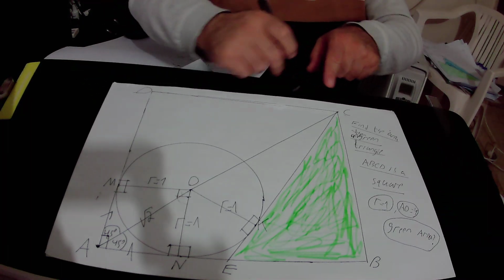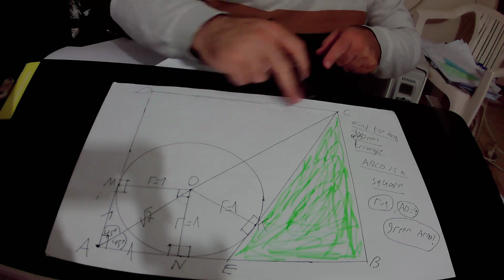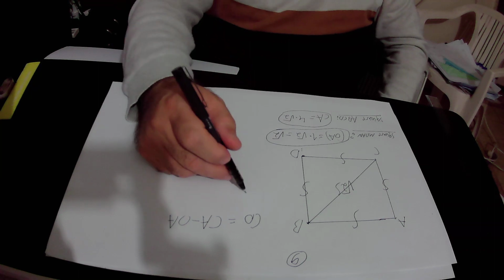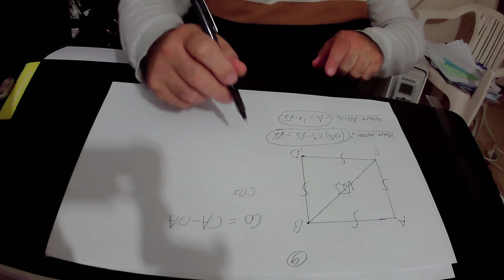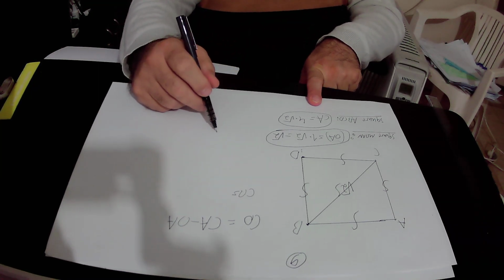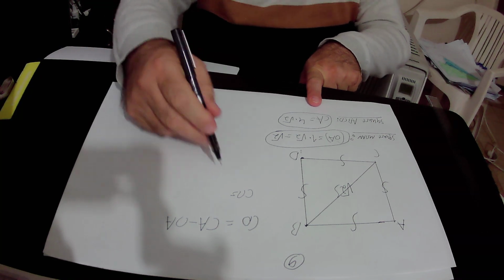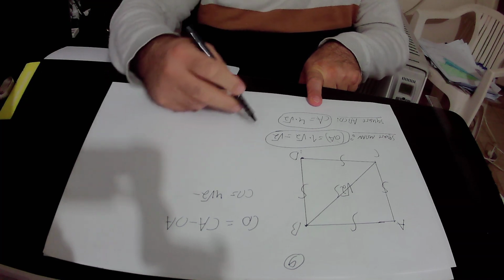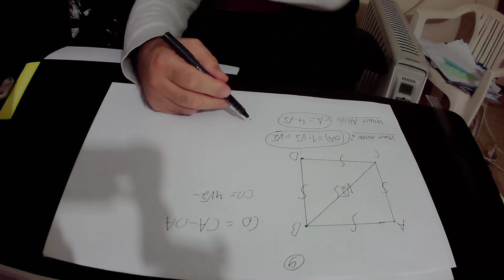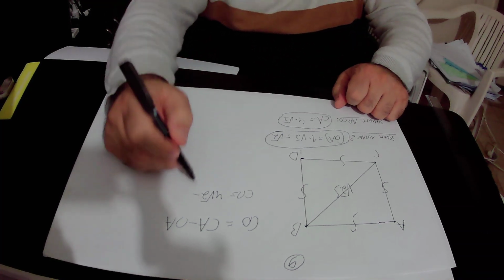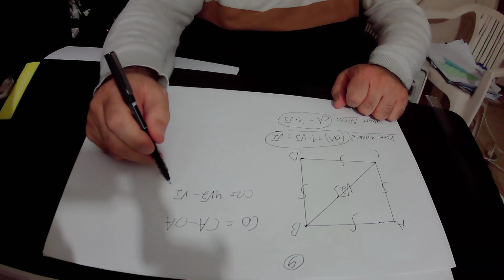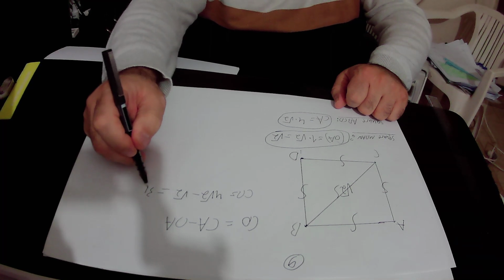So CO equals CA, which we found equals 4 times square root of 2 units, minus OA, which equals square root of 2 units. 4 times square root of 2 units minus 1 times square root of 2 units equals 3 times square root of 2 units.